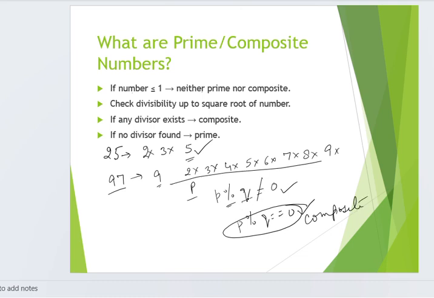For all the values of Q till the square root of P we have to check, and if in all the cases we get not equal to 0, then only it will be a prime number.